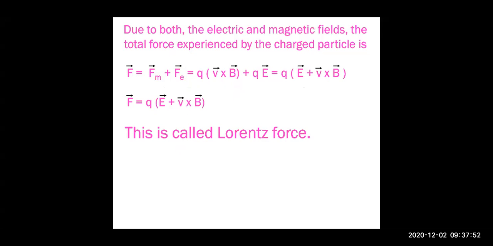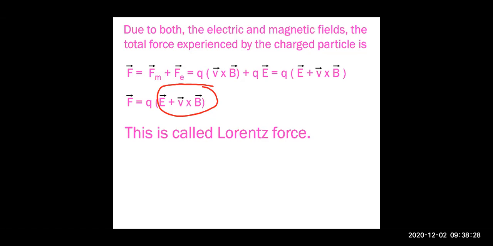Now, in Lorentz force, one very important thing that you have to keep in your mind is that when the electric field and magnetic field, right children, when these are perpendicular to each other, when they are in perpendicular direction, the Lorentz force will become 0.